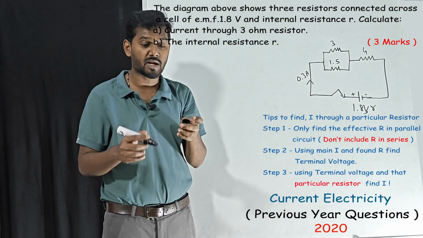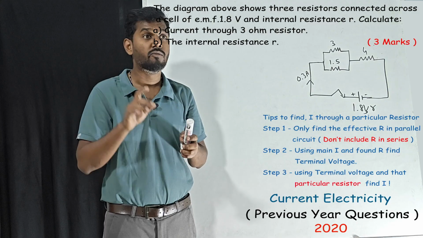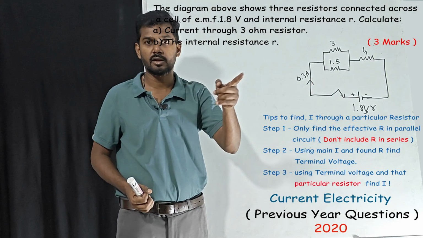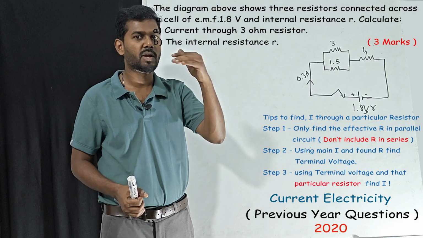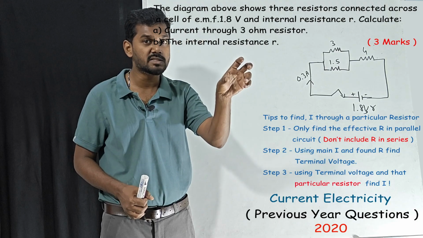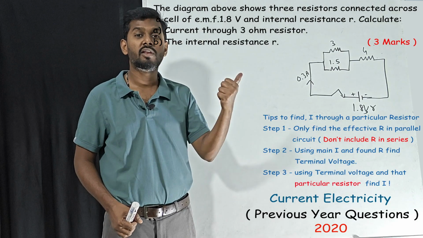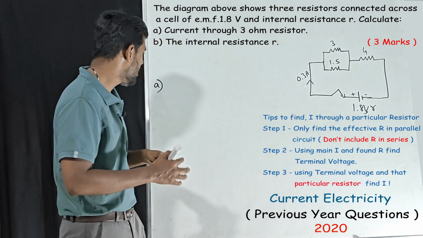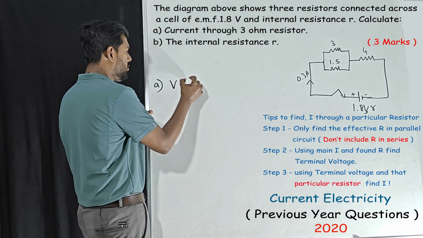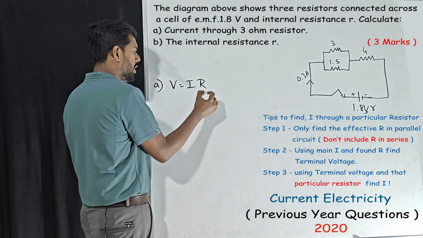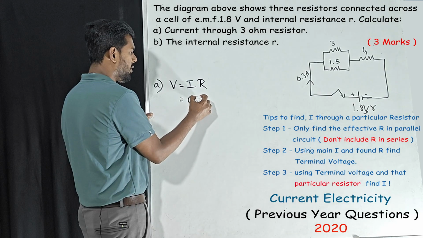See, we need to find the current, correct. Whenever we want to find the current through any particular resistance, we don't use EMF. Keep this in mind. Whenever we try to find the current in a particular resistance, we don't use EMF. We require terminal voltage. Terminal voltage is equal to I into R. What is I? 0.3.